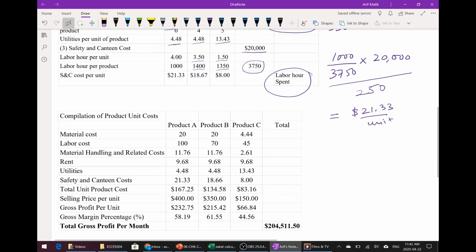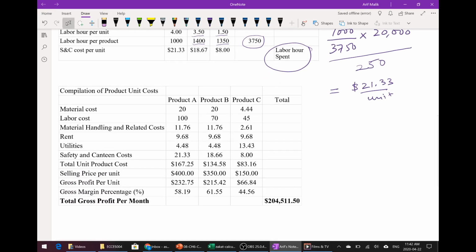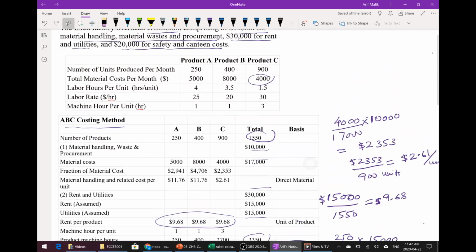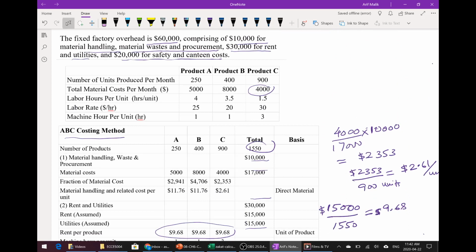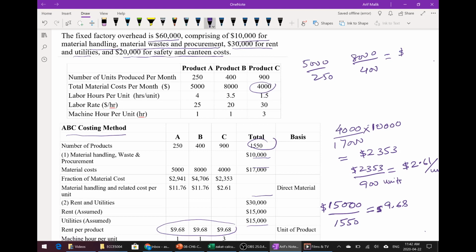Now it's time to look at the total cost for each product. We have the material cost. We have discussed that direct material cost and direct labor cost are easy to find. We can see from here, we have already done it. 5000 divided by 250, for example, is the direct material cost for product A, and 8000 divided by 400 is for product B, and this is coming as $20 per unit.